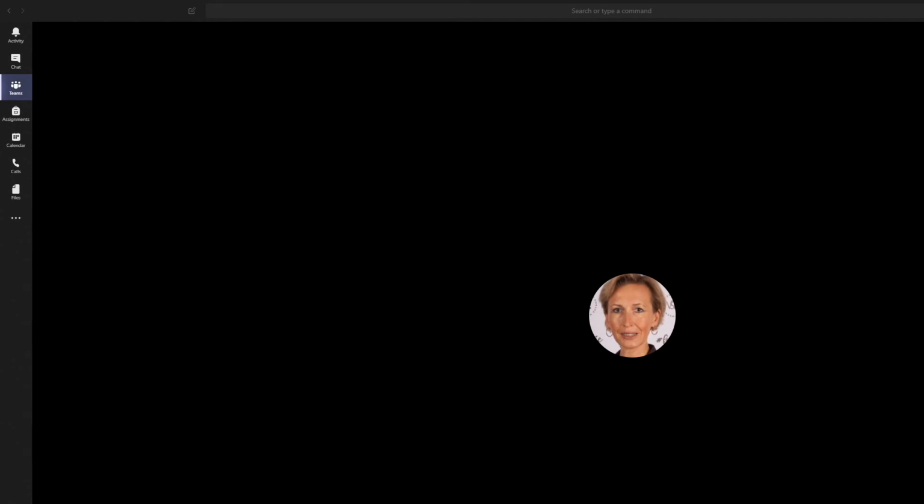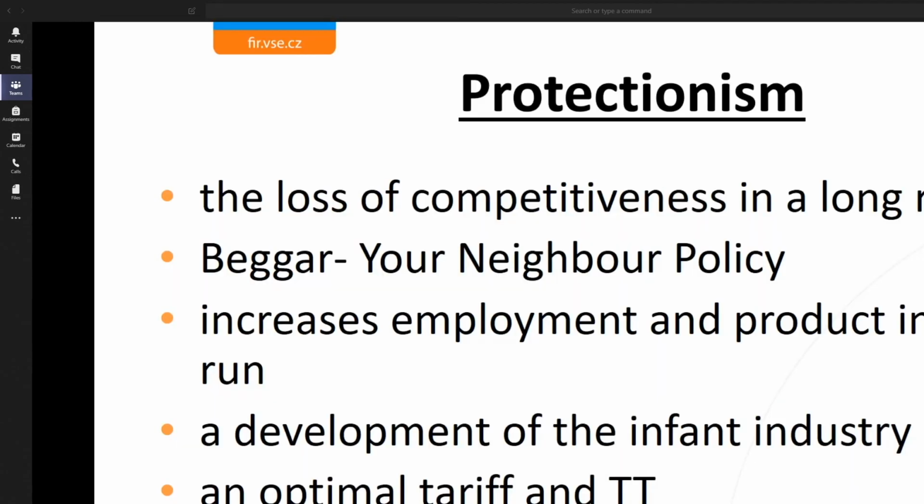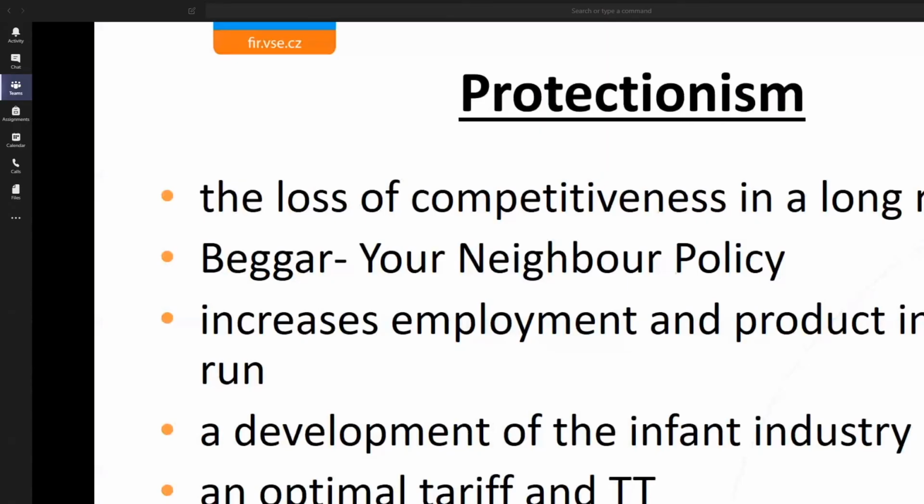We will explain it. Development of the infant industry. If you remember it, I have told you during the theories of international trade that in some cases we are doing all these things to develop some new industry. Infant means developing, starting industry.